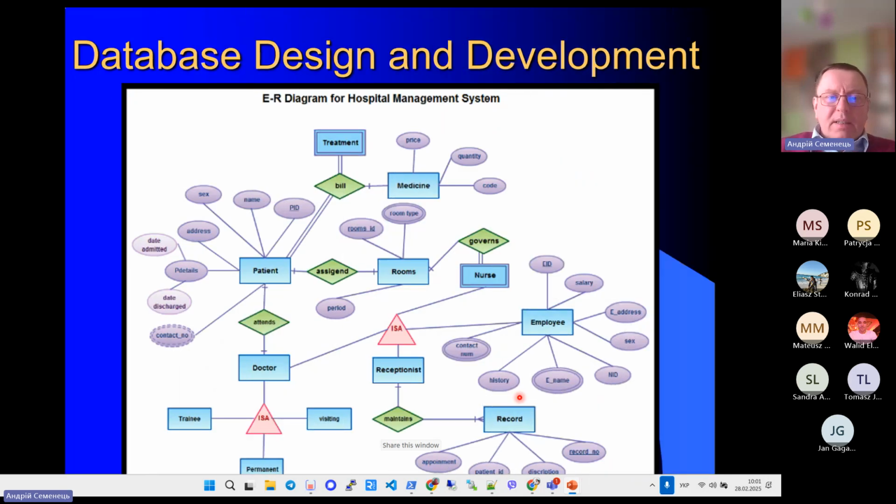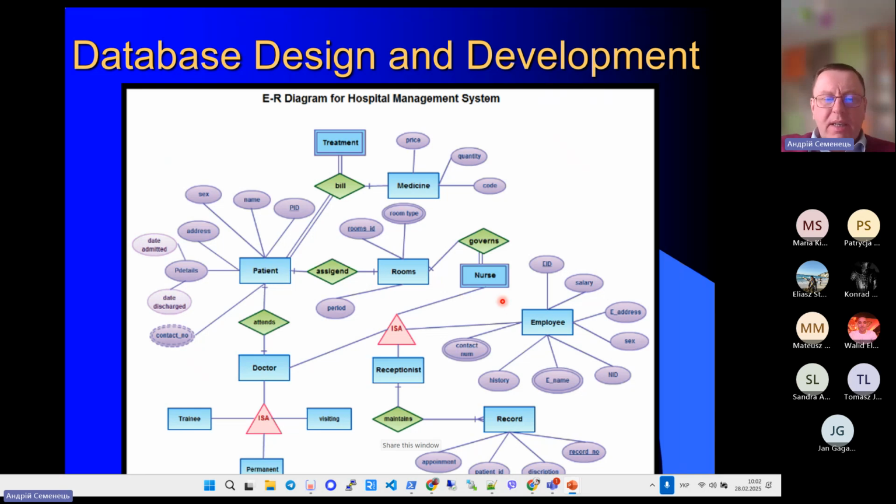How could this database design be depicted? One approach is drawing an ER diagram, an entity relationship diagram, which depicts each entity and its essential characteristics.